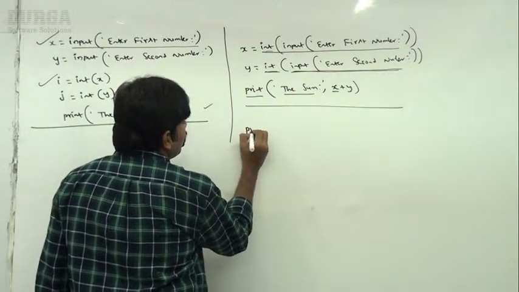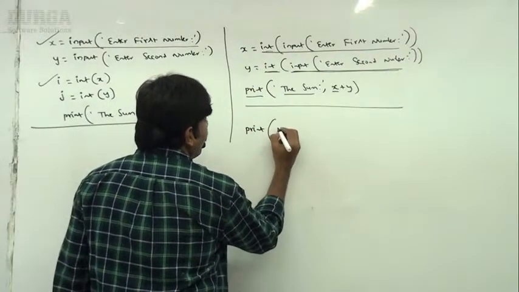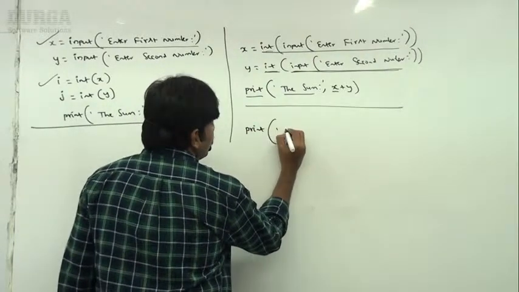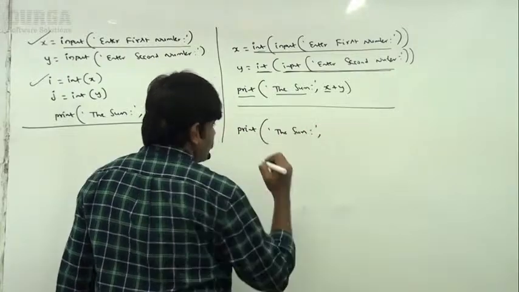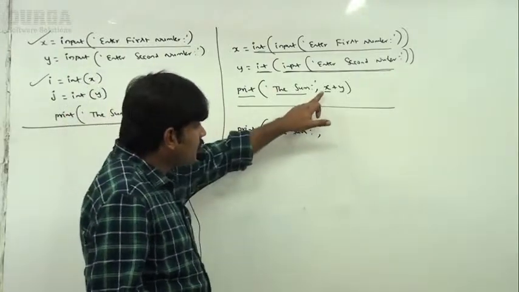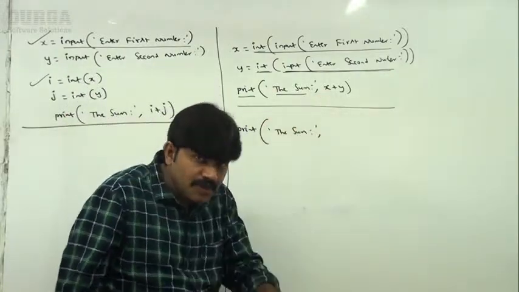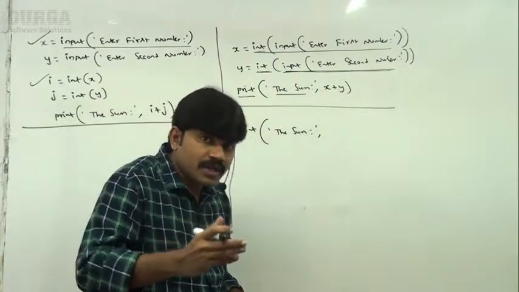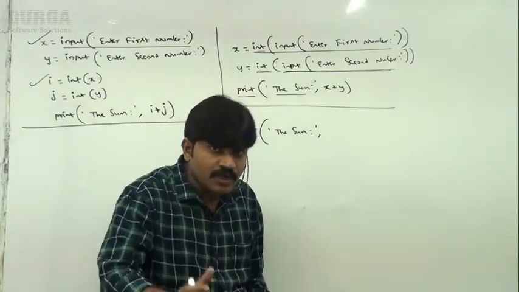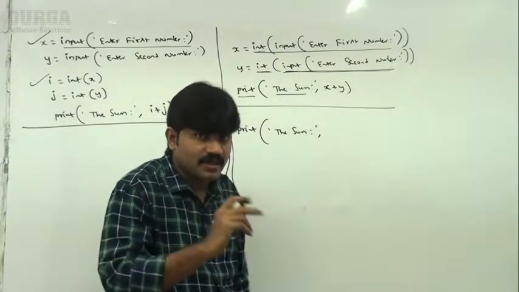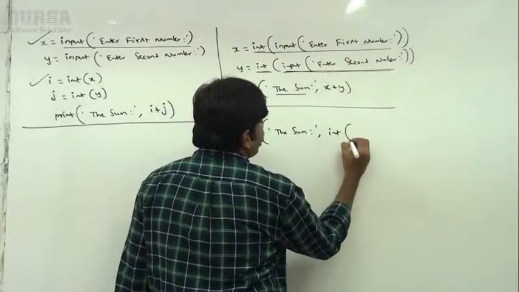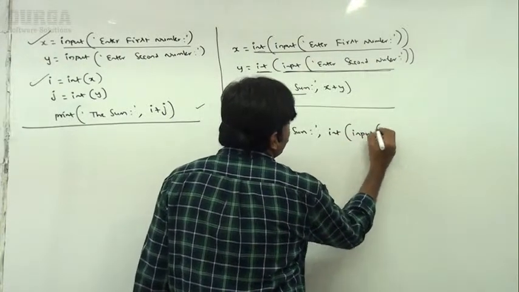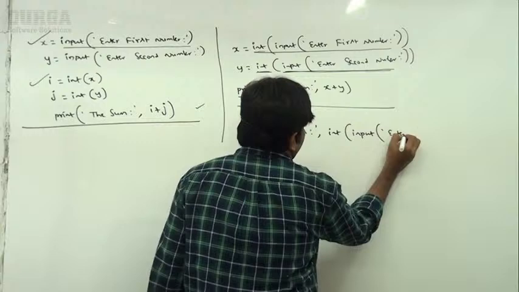Observe carefully, sir. print of the sum, comma. What do I want as the first value? x. x means I have to read the data from the keyboard, converting into int type. That's why int of input of "Enter first number".